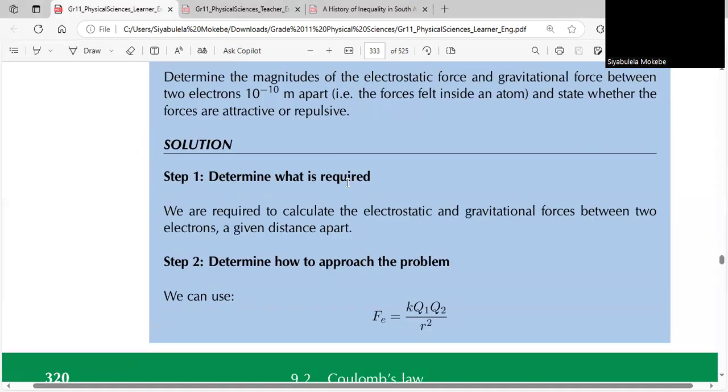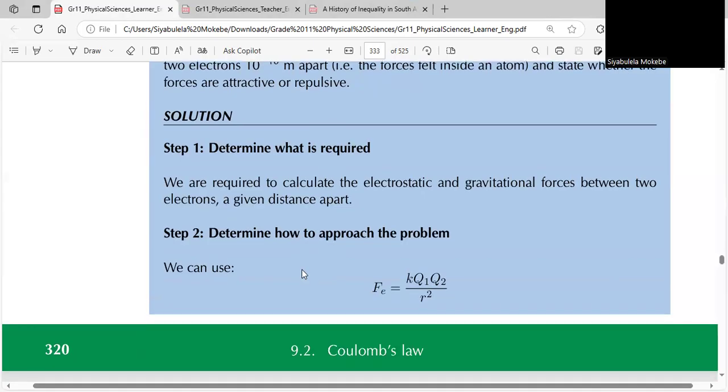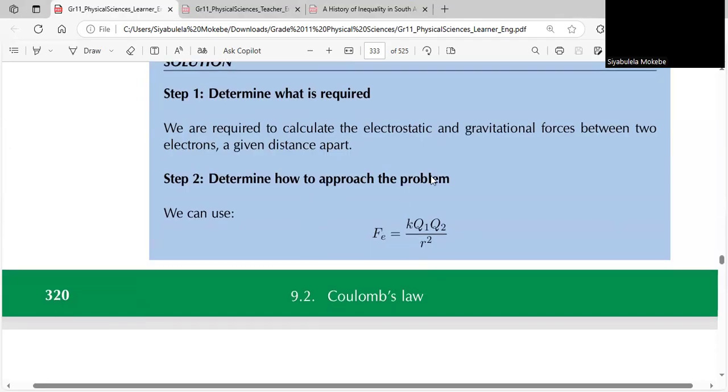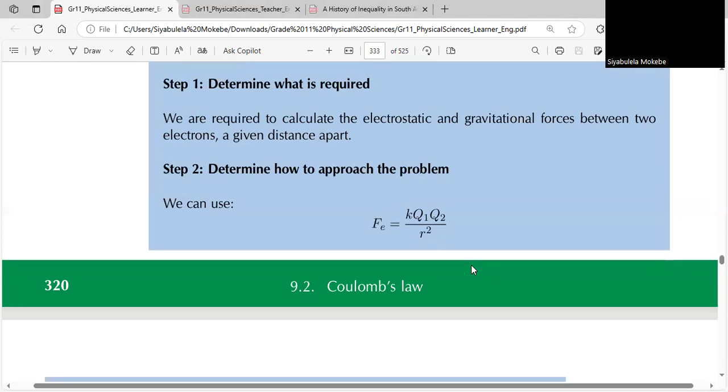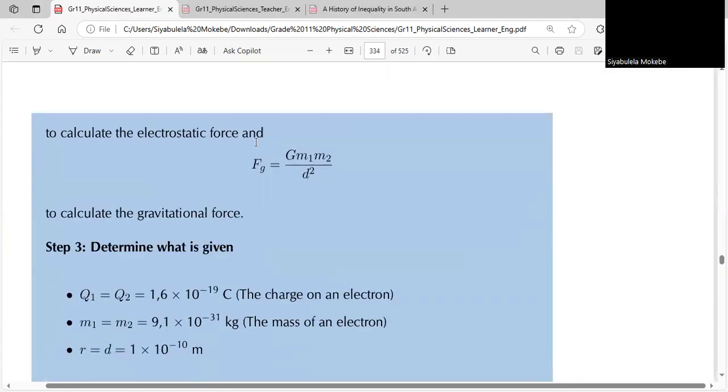So we are required to calculate the electrostatic and gravitational forces between 2 electrons at a given distance apart. We can use this formula to calculate the electrostatic force between those particles, and to calculate the gravitational force, we will use this one.